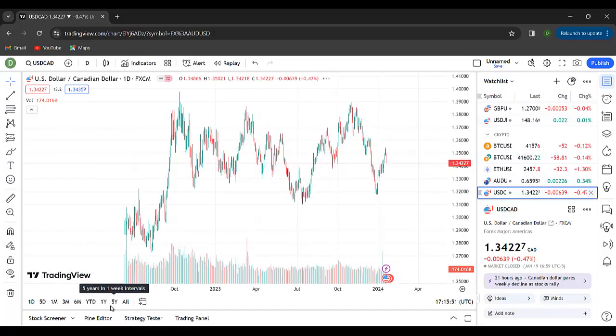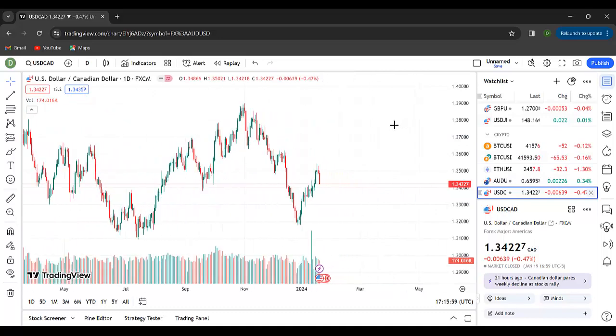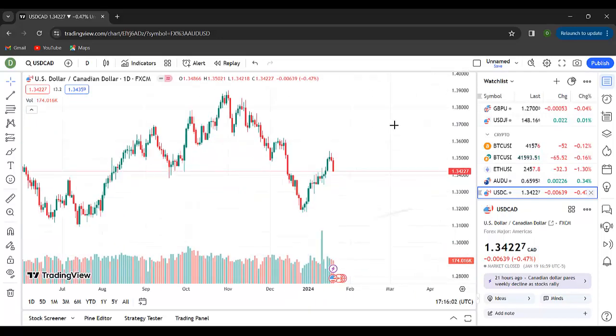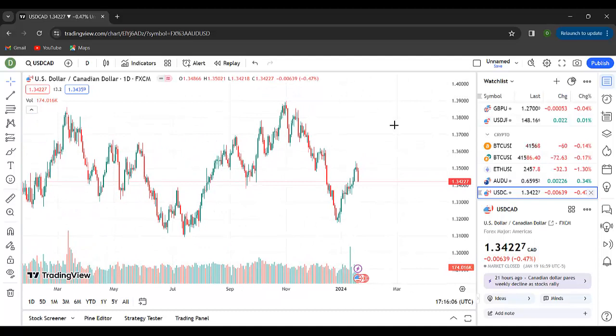On the daily time frame, there's an obvious consolidation. If you take a proper look, it looks like, okay, so yeah, this looks like head and shoulders.